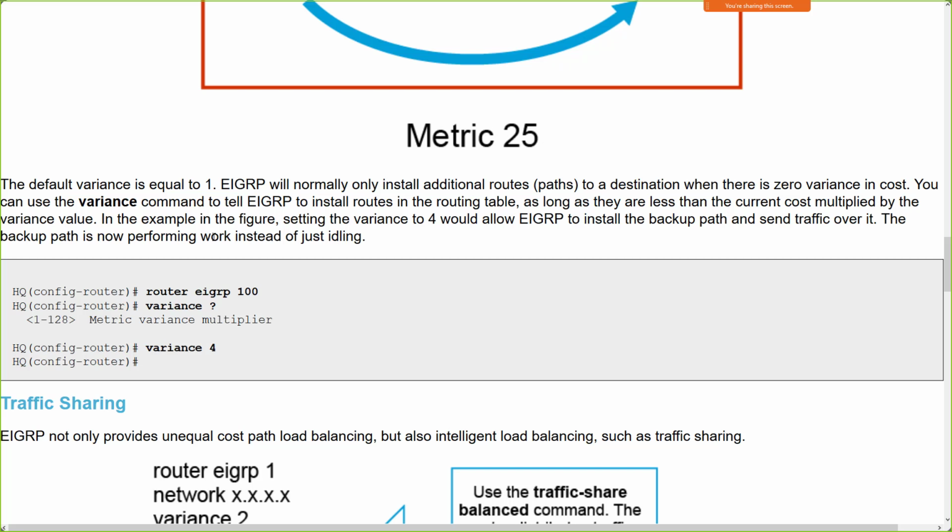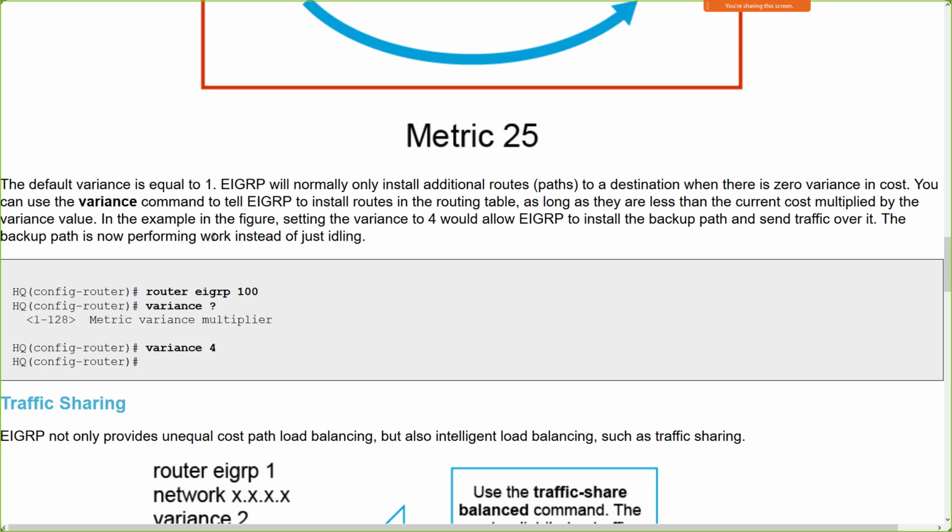Does that make sense? The path would have to qualify first, meaning that it meets the feasibility condition. All right. Doesn't matter if it falls within the variance or not. I'm only going to use it if it meets the feasibility condition.